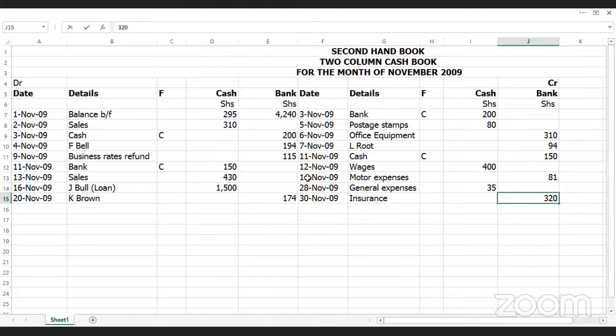Then you see how to balance up this cash book.